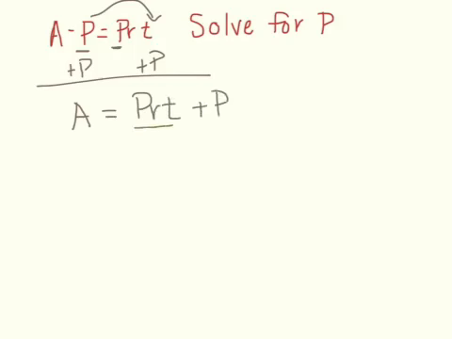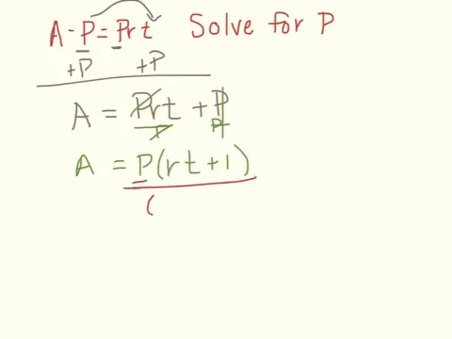Now that I have two terms and each term has a P, I'm going to factor out P. When I factor that out, I'm left with RT plus 1, because what I did is I divided out a P. Those will cancel, left with RT, that becomes 1, which equals A. Now, our goal still is to solve for P. What this expression on the right-hand side is saying, P times the quantity.